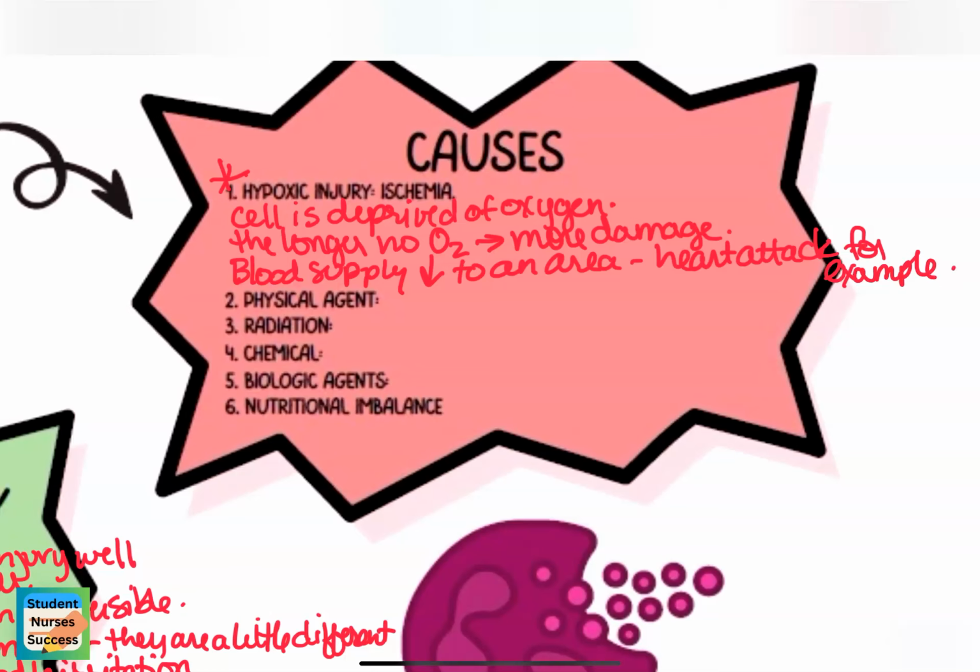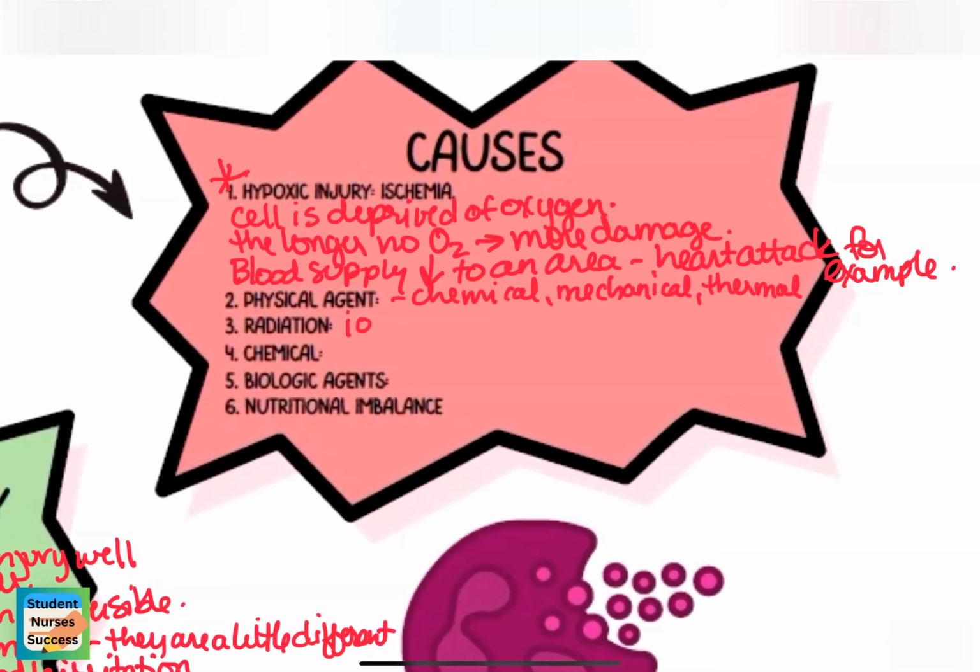We also know that physical agents, some like maybe chemicals, can be caustic and damage cells. Maybe there can be mechanical agents, rubbing, or maybe some kind of mechanical agent that puts pressure on and causes damage, or thermal injury like burns can cause damage. We know that radiation can cause damage.